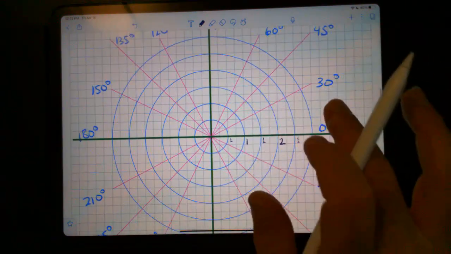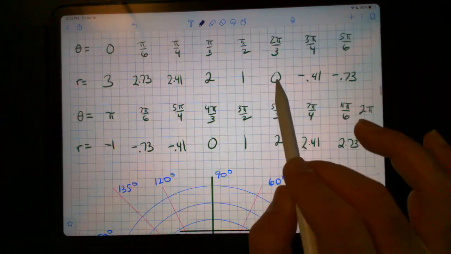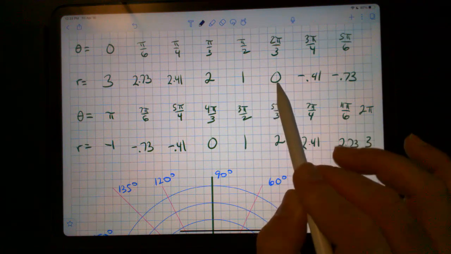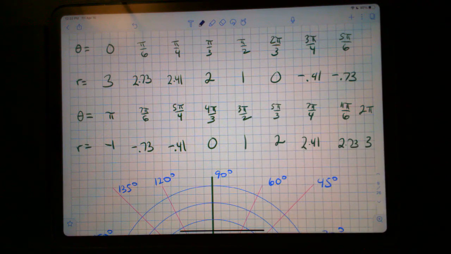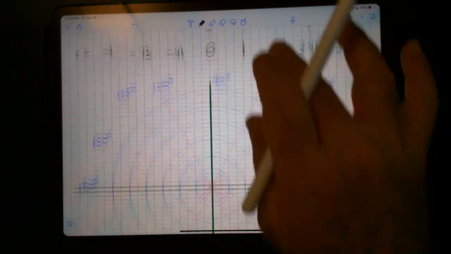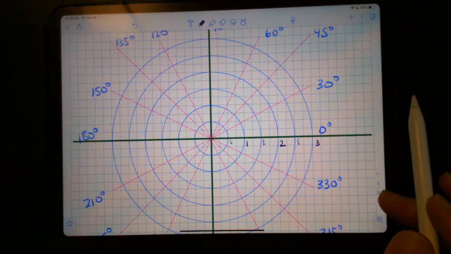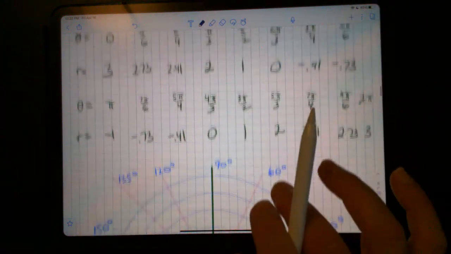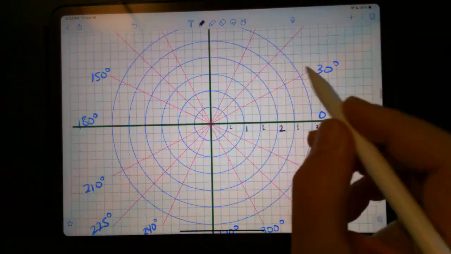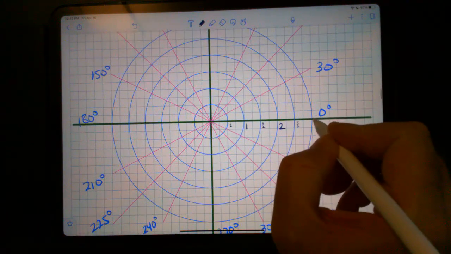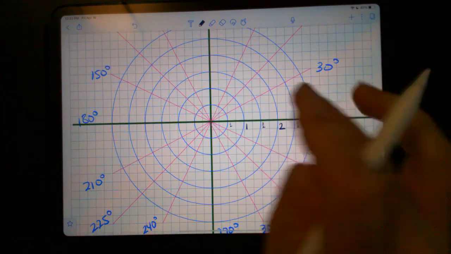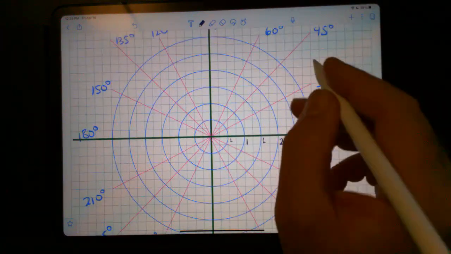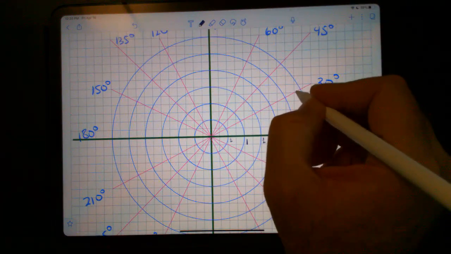So since I go from a minimum R value of 0 up to positive 3, that's why I'm going to number my scaling as this. So that when theta is 0, R is 3. Theta is pi over 6, R is a little bit less than 3.